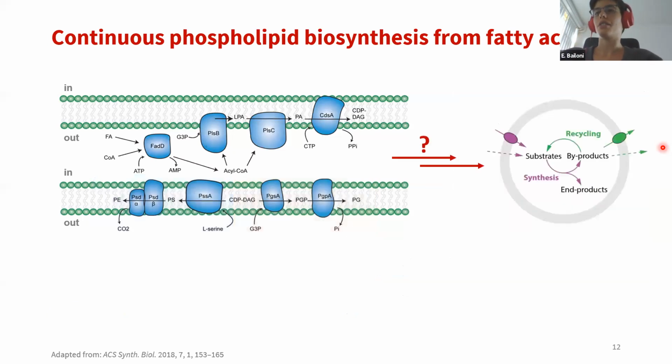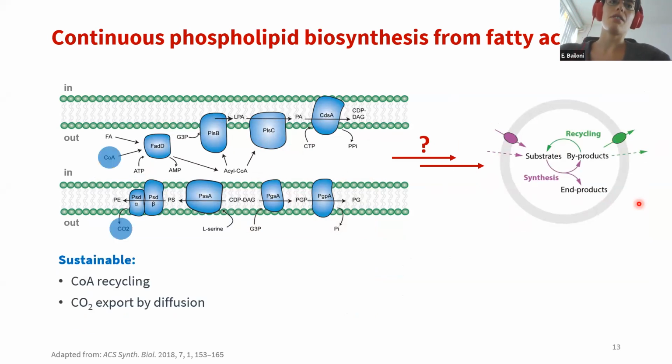So then the question that we asked together was, how can we make this pathway sustainable for our minimal metabolism for the synthetic cell? And you can ask this question. It is very fair to ask because only very few of these substrates are actually sustainable. CoA is taken up by the first enzyme and attached to the fatty acid to form acyl-CoA.